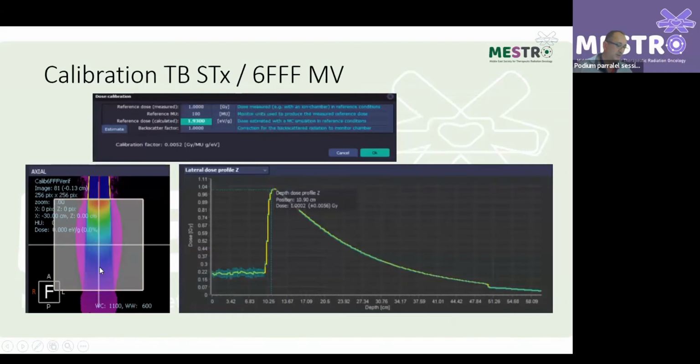This value is entered here as a reference dose, and we run the simulation again under the same reference condition. You get this PDD again, and we look at the max, and we obtain a dose value of 1 gray.